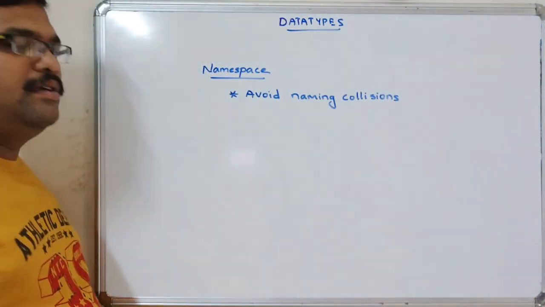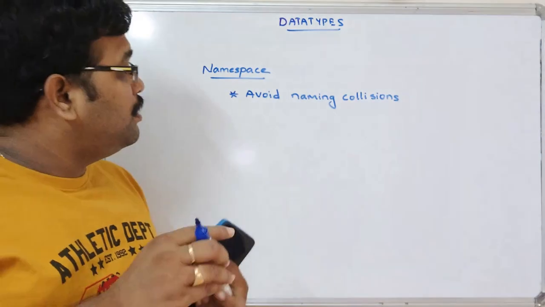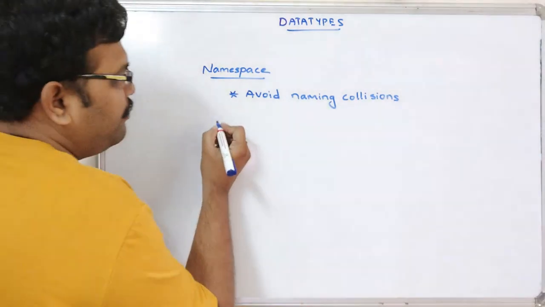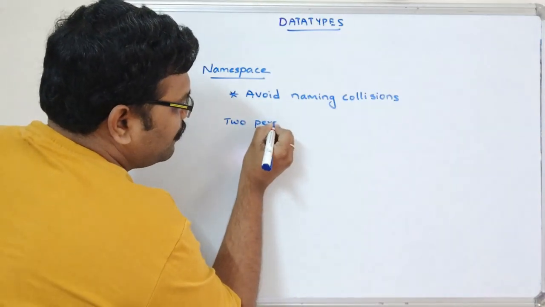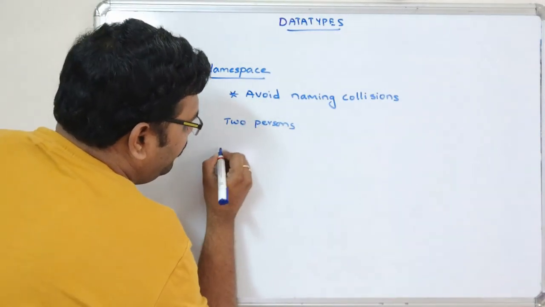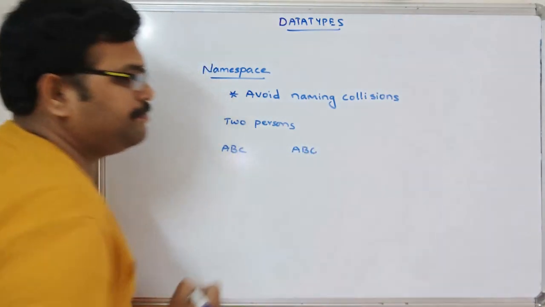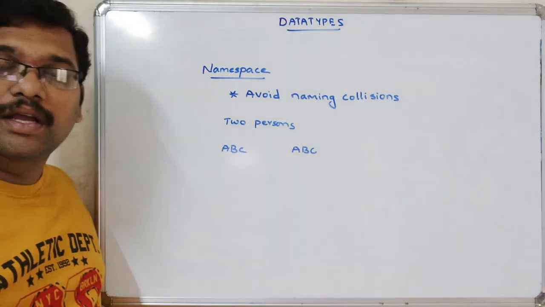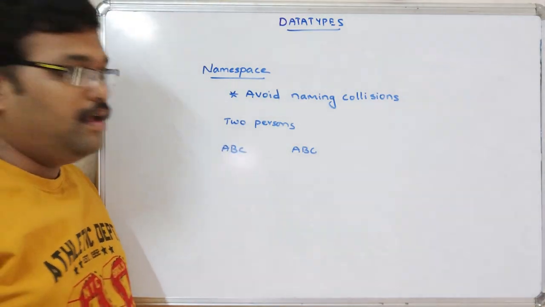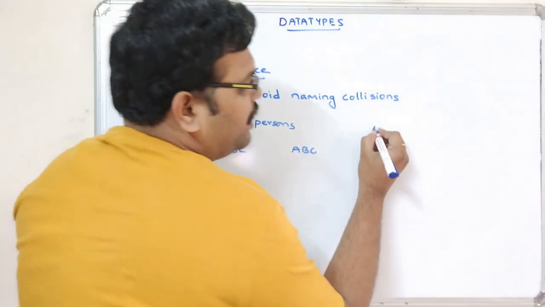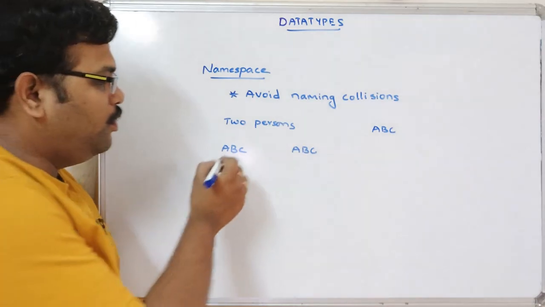Naming collisions means, for example, there are two persons with the name ABC here, and here also ABC. So how can you call these two persons? If you call ABC, who will respond to you?